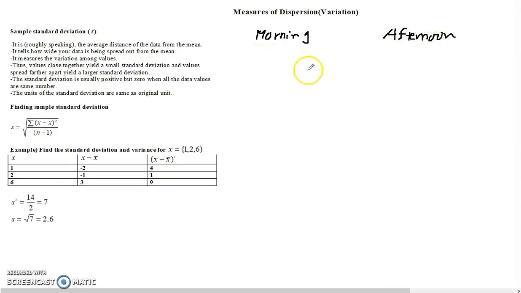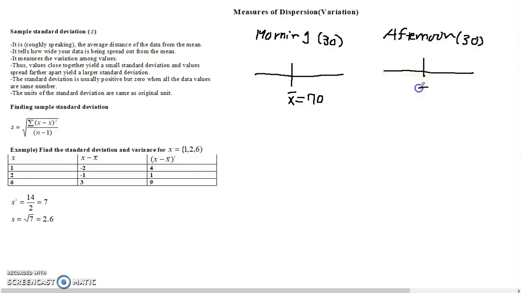Let's say we just took the first exam, and we have x bar, the sample mean of the class. Both classes have 30 students, and I found out that both classes have an average of 70. When you look at these two classes, just looking at the mean, you don't see any differences.